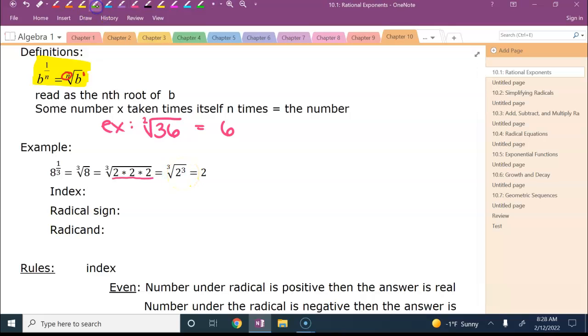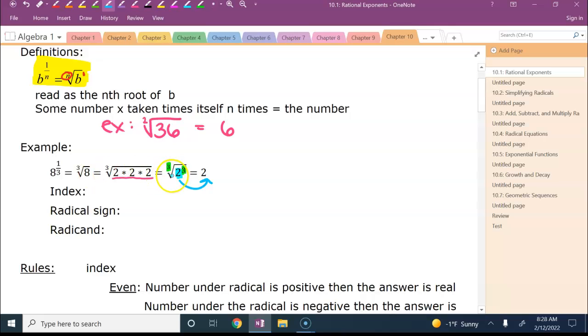If you can get the number out here and the number in here to match, then they're basically going to cancel each other out, and the number that's sitting underneath that sign, the 2, is going to come out and be your answer. So the cube root of 8 is actually just 2, because 2 times 2 times 2 is 8.